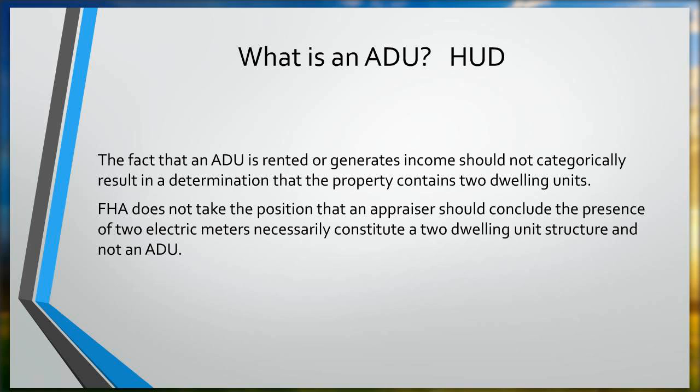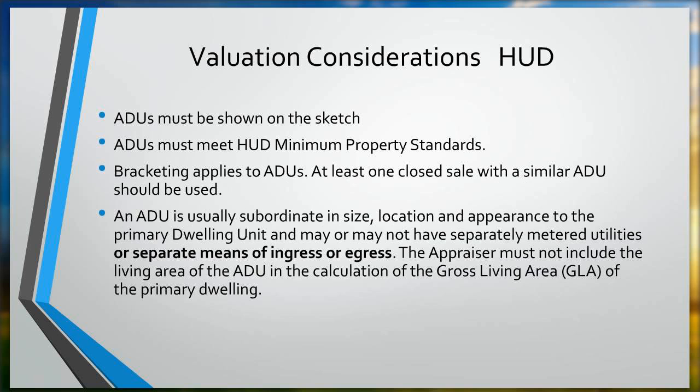We look at a lot of different things, how the accessory dwelling unit relates to the main living area. Does it have all the requisite separate kitchen, separate sleeping, and separate bathroom areas? So we take all of that together, and as an appraiser, that's where we come to our conclusion. HUD doesn't have any specific rule that this equals an accessory dwelling unit and this equals a duplex. They leave it up to the appraiser to determine exactly what the property is going to be.